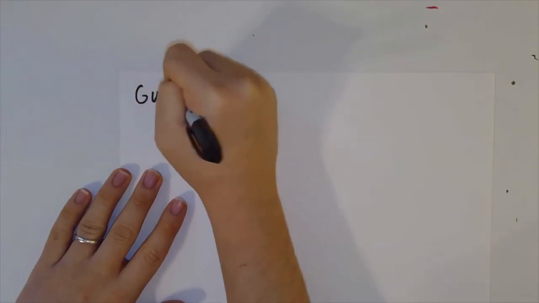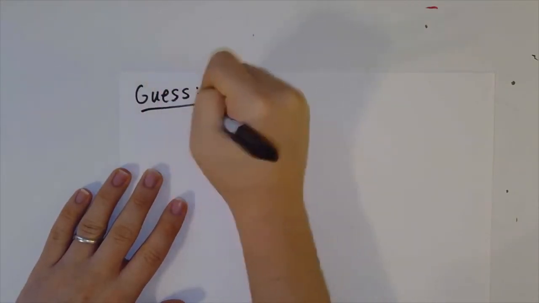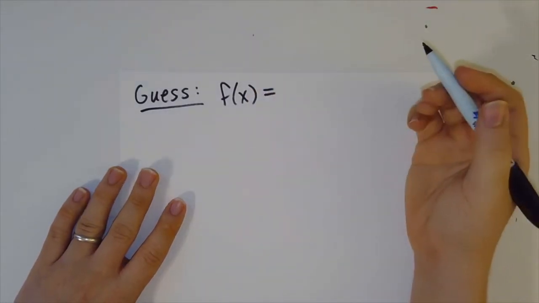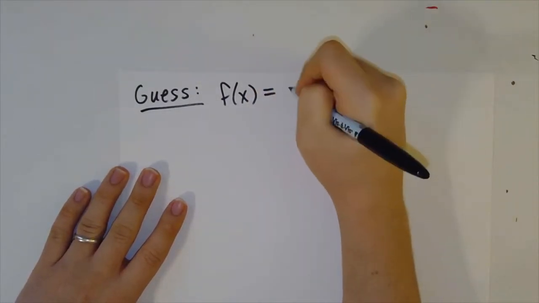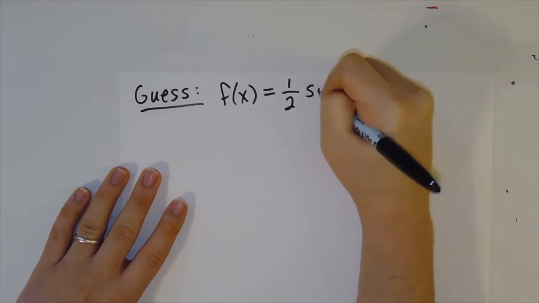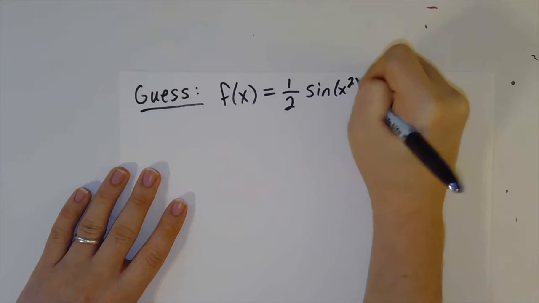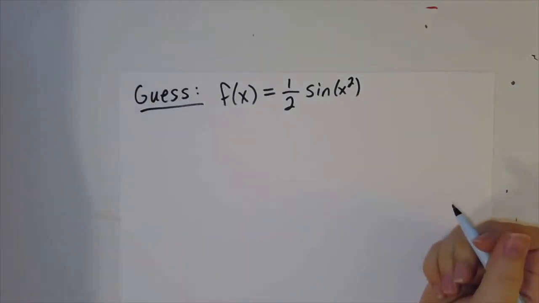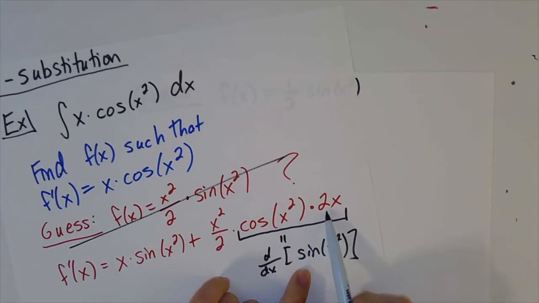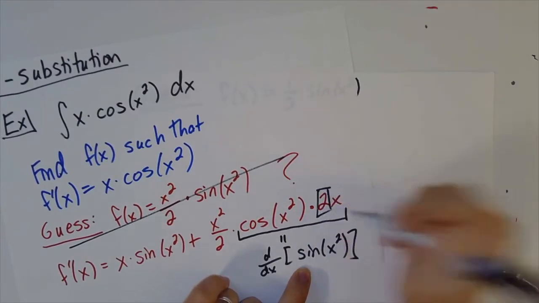Now we can guess f of x is equal to, and so let's take 1/2 of sine of x squared. Why 1/2? Because I saw here I ended up with this stray 2 that I want to get rid of.